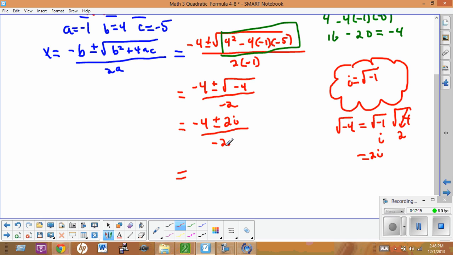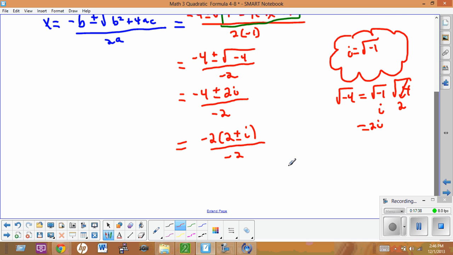That leaves me a positive 2 there, plus or minus i. So I pulled out a negative 2, all over negative 2. Then we can say these two cancel, and I'm left with 2 plus or minus i, an imaginary solution.